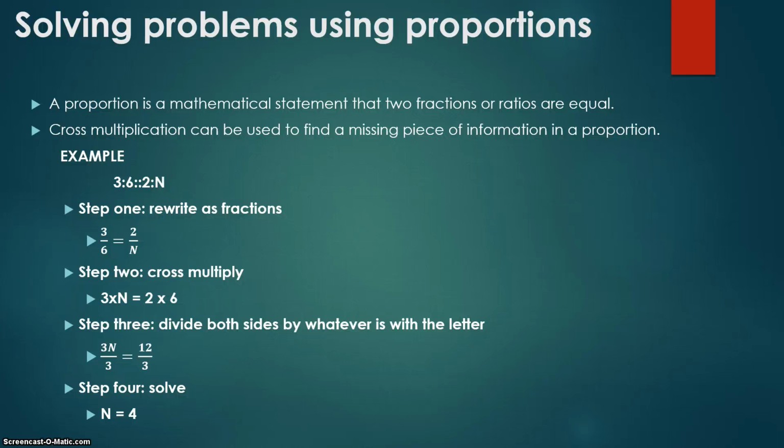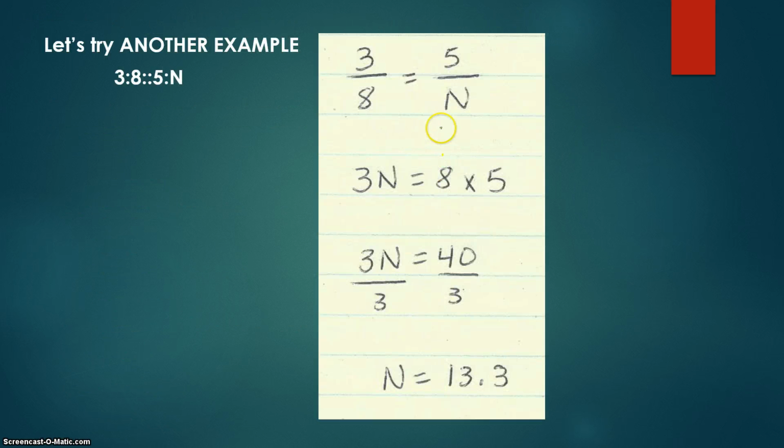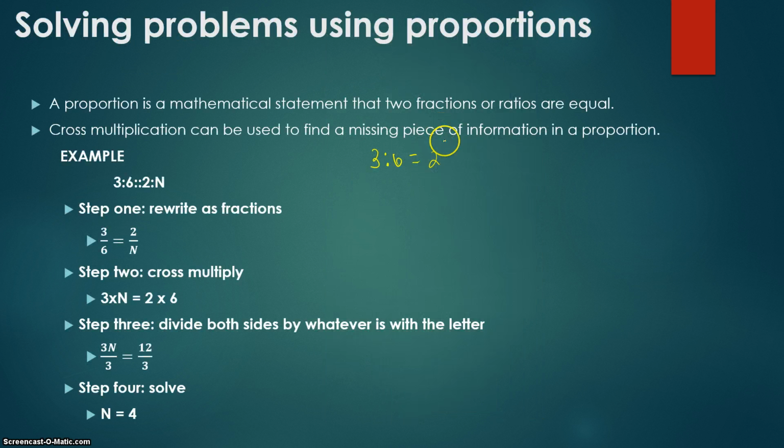So this can be thought of as 3 to 6 equals 2 to n.